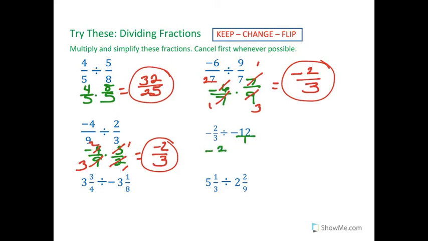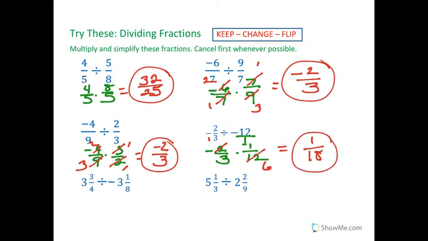So I'm going to keep the 2/3, I'm going to flip, and I'm going to flip the negative 12 over 1 to be negative 1 over 12. And when I cancel, I have to be careful about my negative signs because I do have 2 of them. So it's going to be a positive 1 over 18.